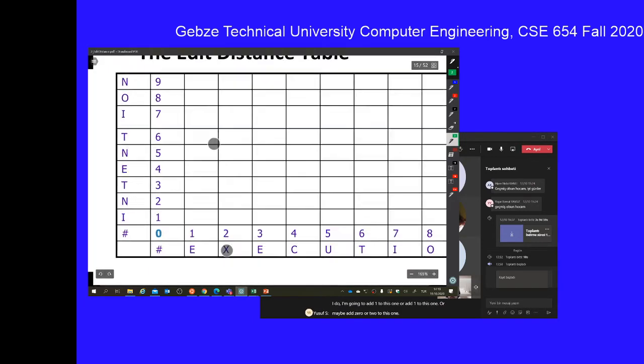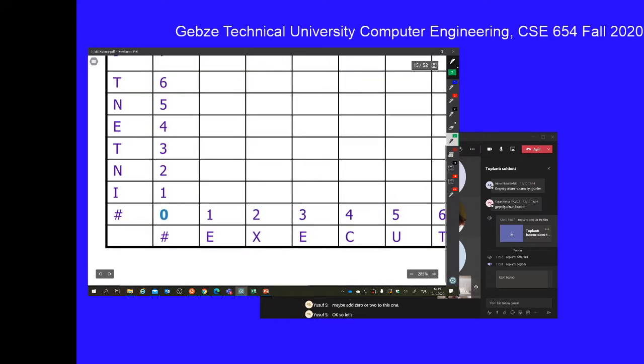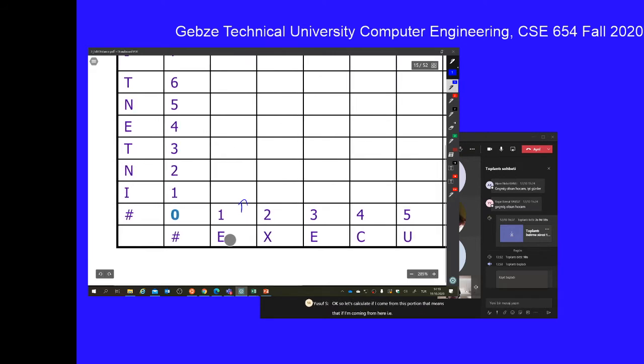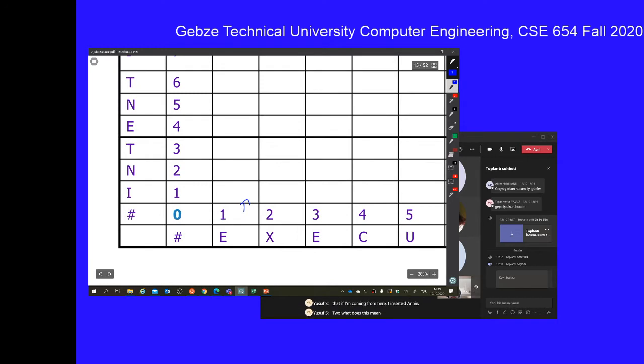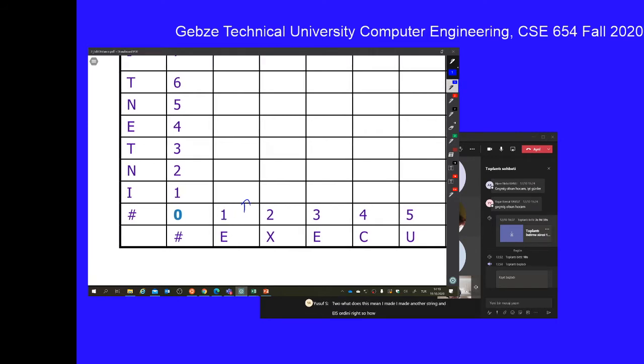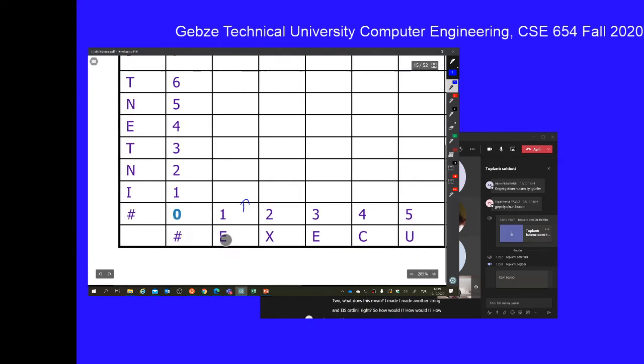So let's calculate. If I am coming from here, I inserted an E. I made a null string an E, right? So how would I convert an I to an E in this case?